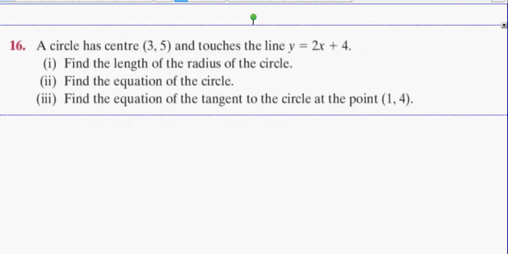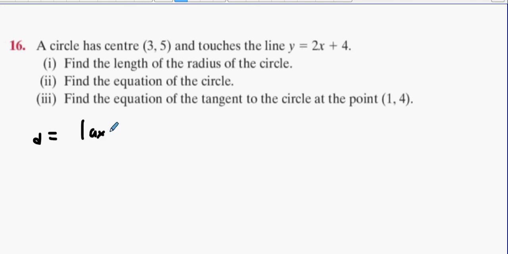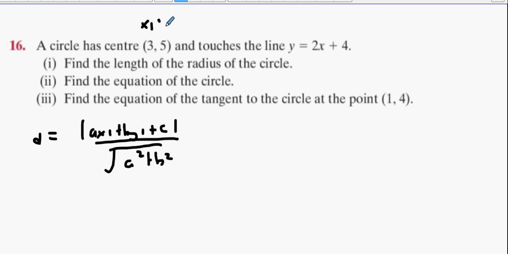Now, alright, once again, perpendicular distance formula, isn't it? So, okay, x1, y1 is 3 and 5. Rearrange this into 2x minus 1y plus 4 equals 0.